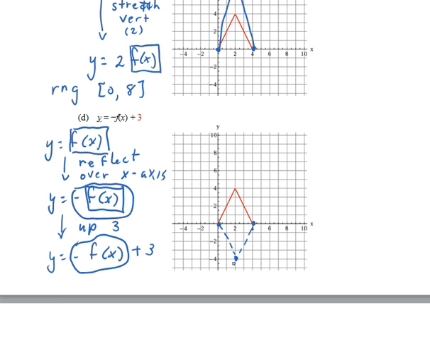Now we're going to go up 3, and so (0, 0) will go to (0, 3). (4, 0) will go to (4, 3). And (2, -4) will go to (2, -1). So the solid blue function is the final result.